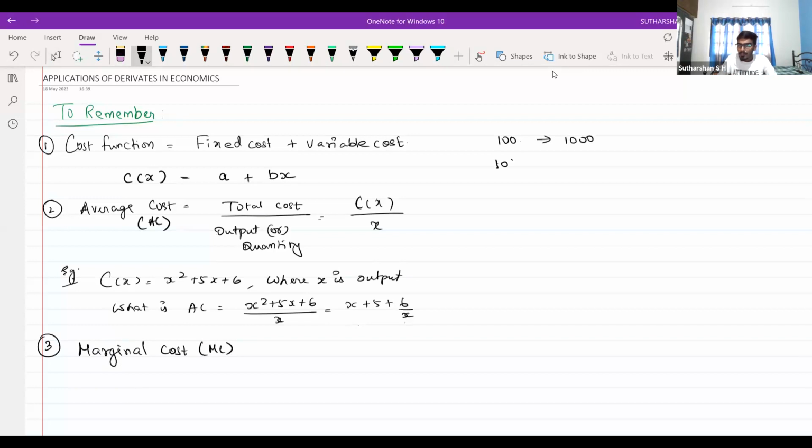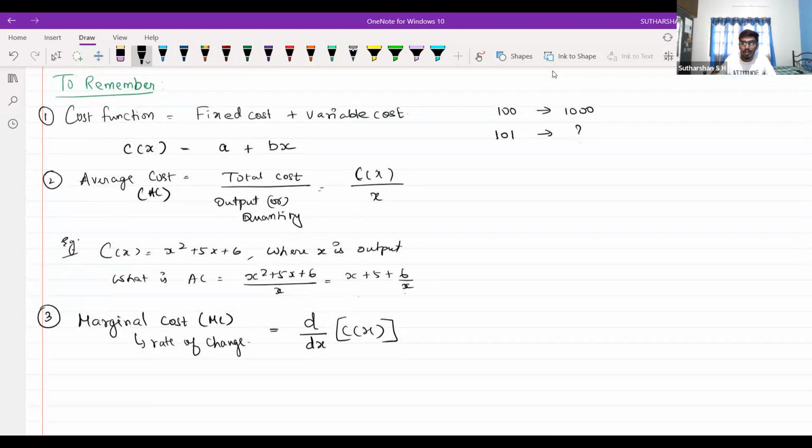If I want to produce 101 quantities, what is my cost? The difference makes the marginal cost. So it is nothing but the rate of change, and if it is a rate of change, you will use differentiation. If you differentiate the cost function, it will become the marginal cost.